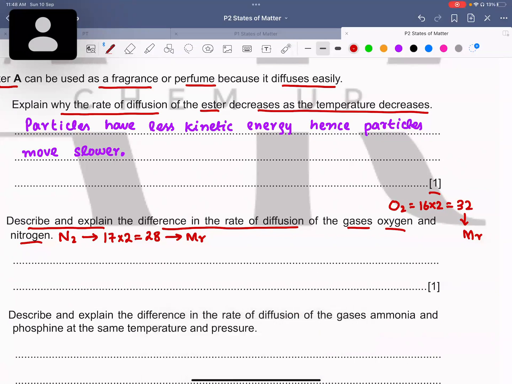So when we calculate the Mr of an oxygen molecule, it is going to be 32, and nitrogen is 28. Is that clear?